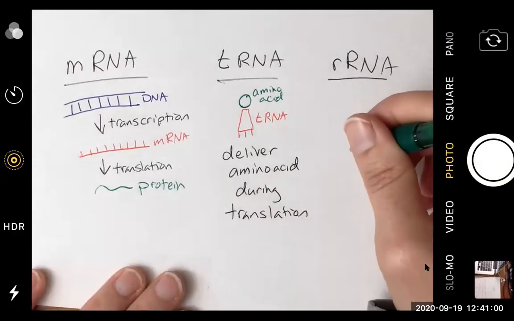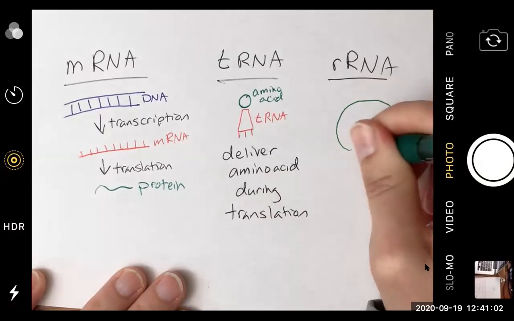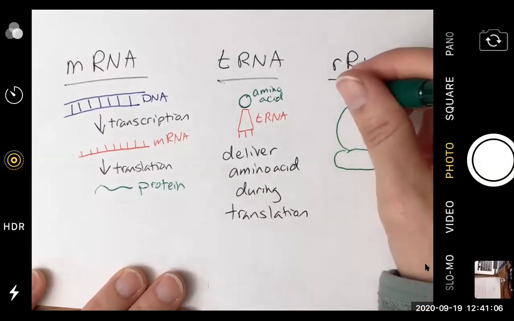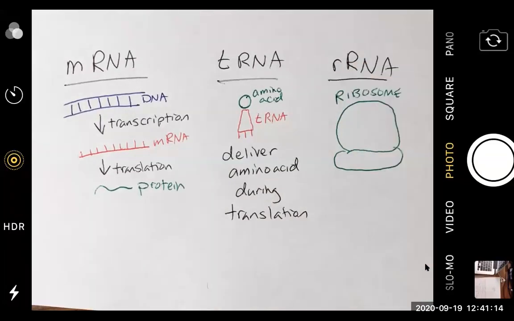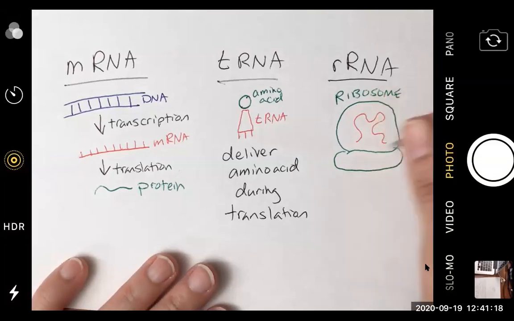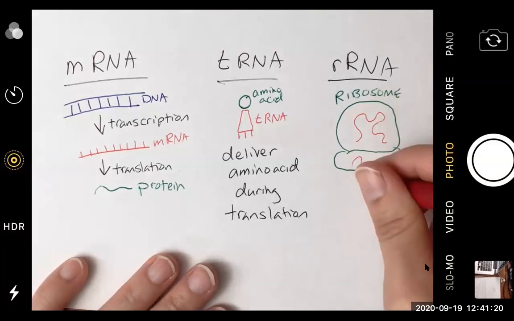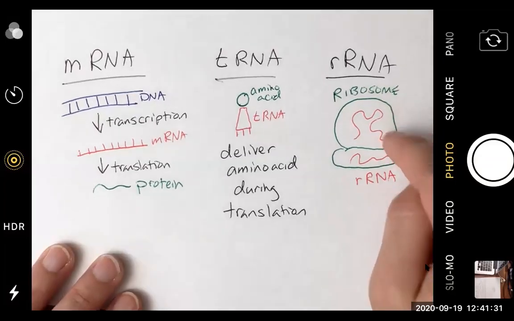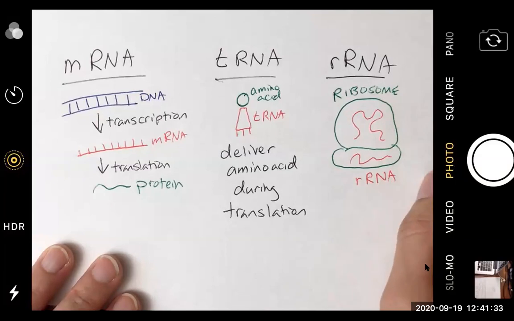So ribosomes, remember, have a large subunit and a small subunit. And both of these subunits contain ribosomal RNA as part of their structures. So ribosomes are made up of both protein and ribosomal RNA.